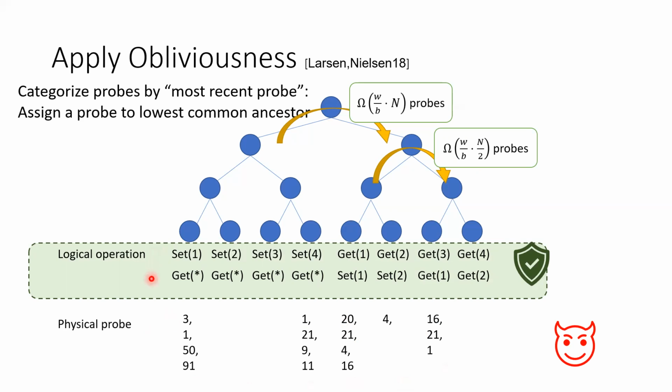So sequence number 1, sequence number 2, they have the same distribution of physical probes. In sequence number 1, the adversary observes and calculates, and says if these physical probes come from sequence number 1, the probes must assign a linear number of probes to the root node.